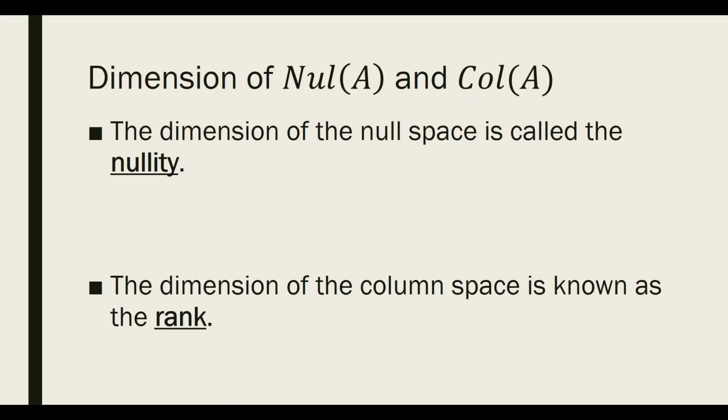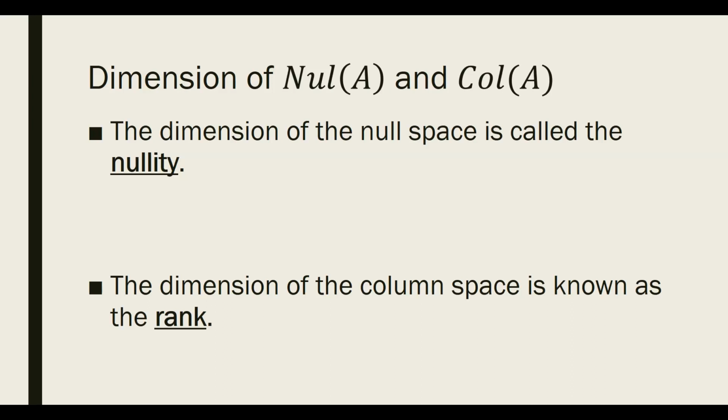Now, I've mentioned this in chapter 2, but I'm going to mention this again. When we deal with subspaces, obviously the null space and the column space of a matrix are subspaces that we're generally interested in calculating and finding. And we're going to be interested in calculating the dimension of the null space and the dimension of the column space.